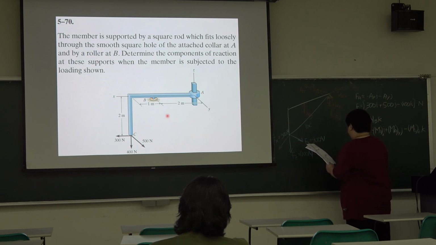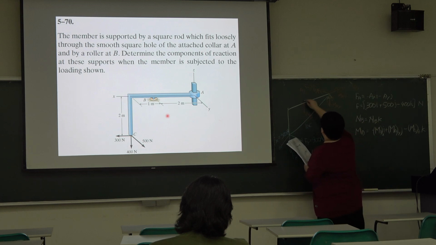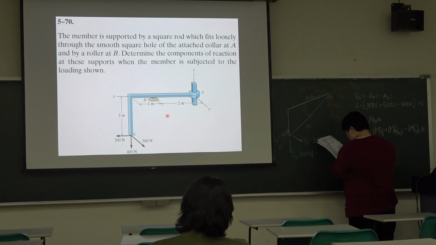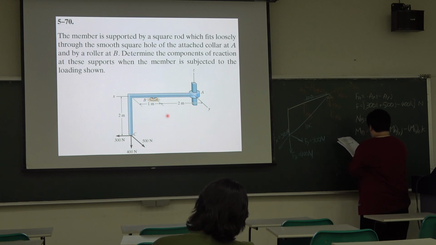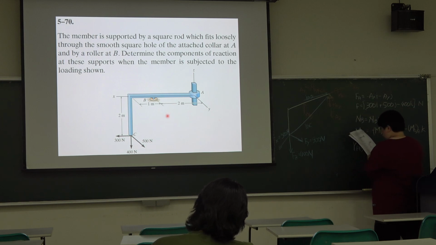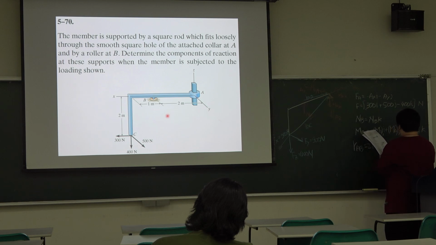And we also have the MB, so we need to calculate the moment from this to this; we have rAB. Position vector rAB is equal to 2i, and rAC is equal to 3i minus 2k.